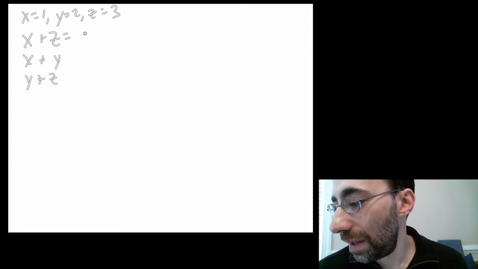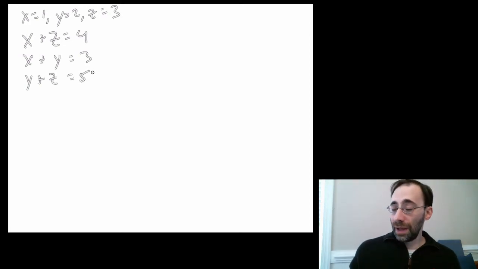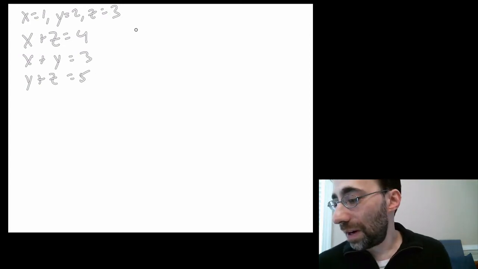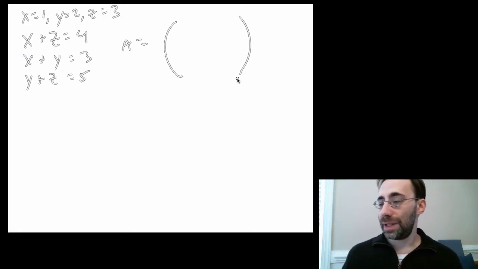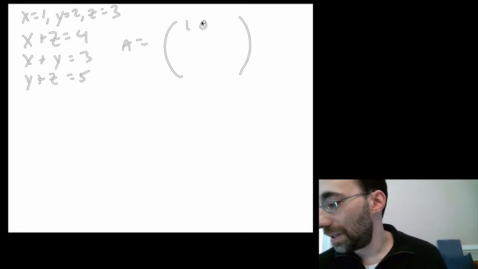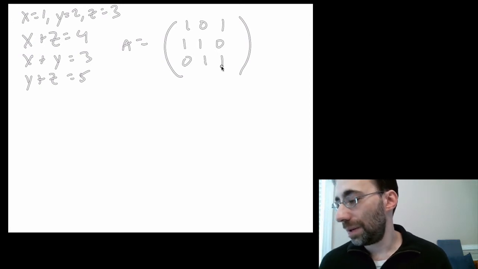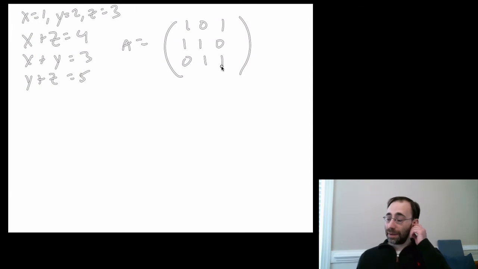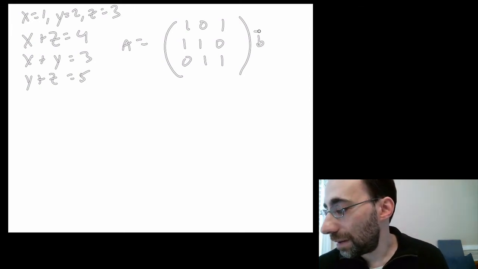So this is going to be 4 and 3 and 5. Okay. How do we do this? Well, we can write it as a matrix first. We have 1, 0, 1; 1, 1, 0; and 0, 1, 1. There we go. Times x equals B, which is going to equal 4, 3, 5.